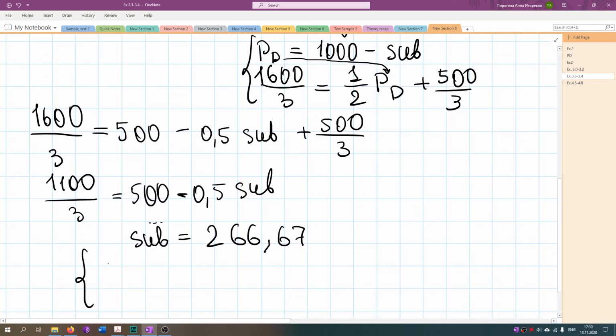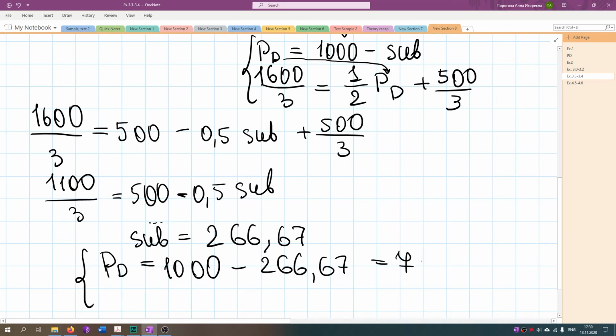So in this case, our price for buyers, as you remember, is equal to 1,000 minus subsidy. So we take 1,000 and subtract our subsidy and get 733.33.